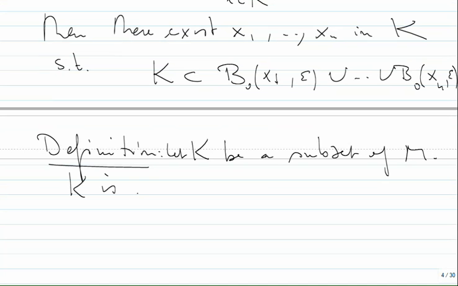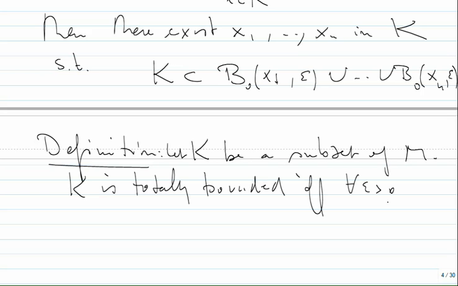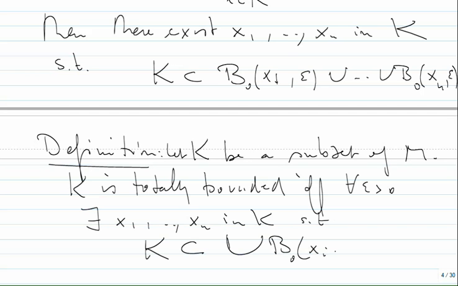K is totally bounded if and only if for every epsilon there exist x_1, ..., x_n in K such that K is in the union of B(x_i, epsilon), i between 1 and n.